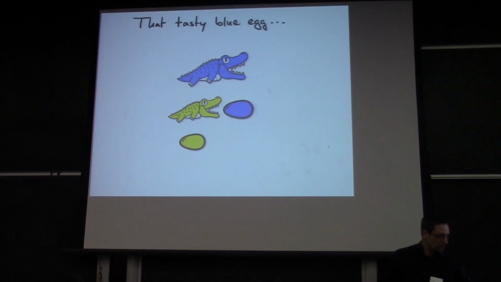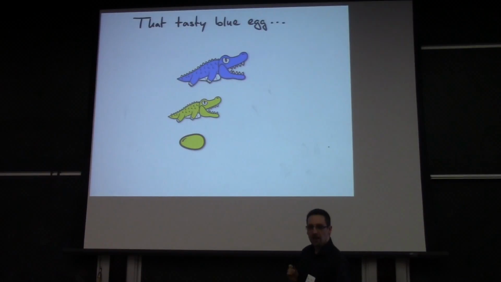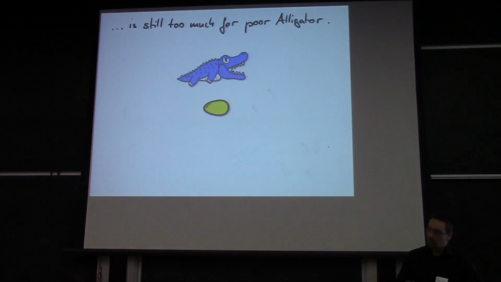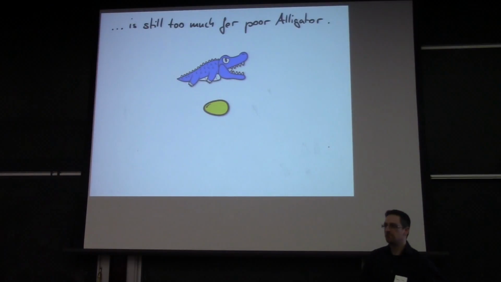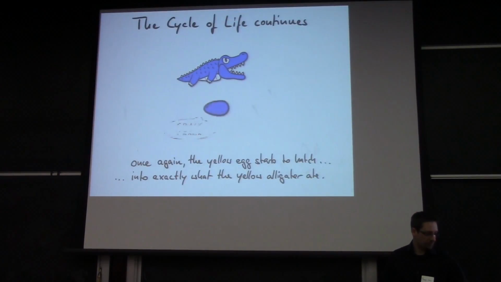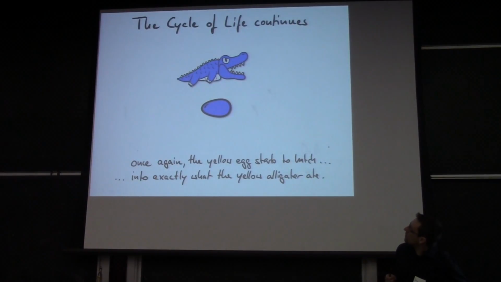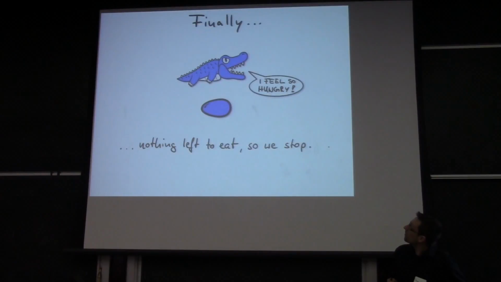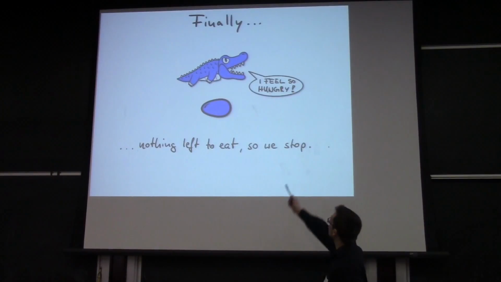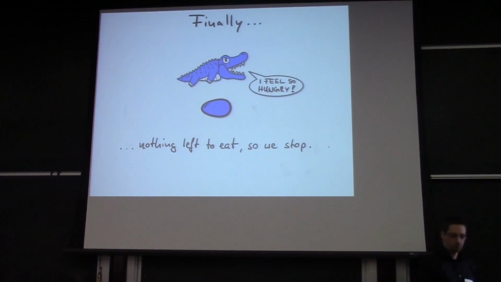Again, the alligator eats this egg, and again it's going to die. And we are left with this yellow egg. So what will happen now? Yes, exactly. We're left with the blue egg. That's what's happened now. Now we are only left with this one alligator and one egg. Essentially we are done, because there's no hungry alligator to the left of something else. There's nothing to the right of the hungry alligator up there. So now we are done with our computation.